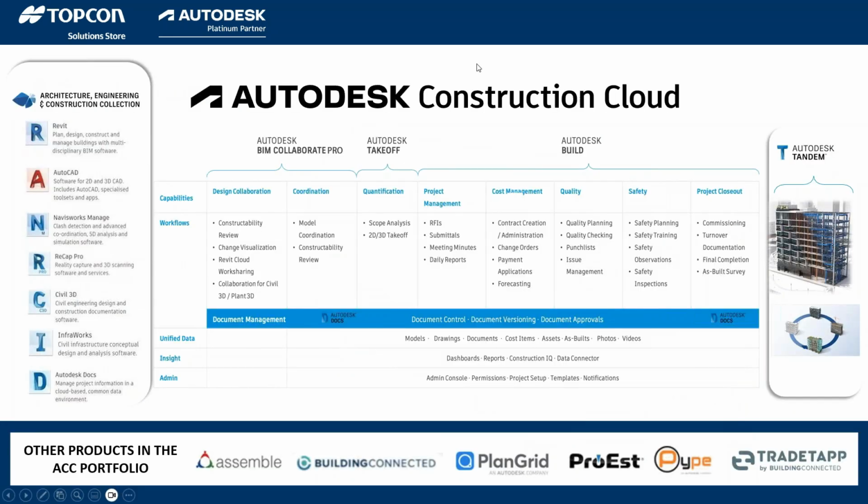Jumping into the Autodesk Construction Cloud, I want to give a high-level overview of everything that can be possible within the ACC. The Autodesk Construction Cloud, as an overview, is simply a cloud-based platform. The reason I'm saying that is because there are specific licenses and models within the ACC that you can purchase to unlock certain modules.